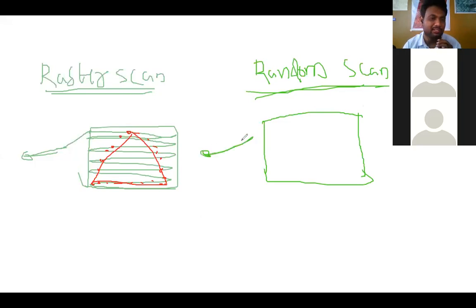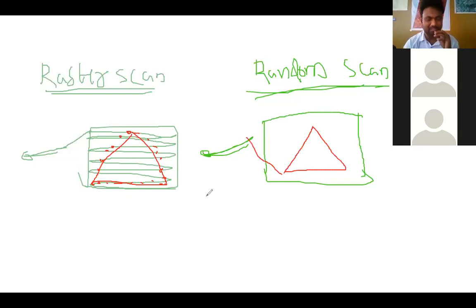It does not start from the top left or anywhere. Automatically it will form the triangle. First it will go from here to here. The beam will start here and draw a straight line, and once again it will draw another straight line in an inclined manner. It will then draw another inclined line to complete the triangle.